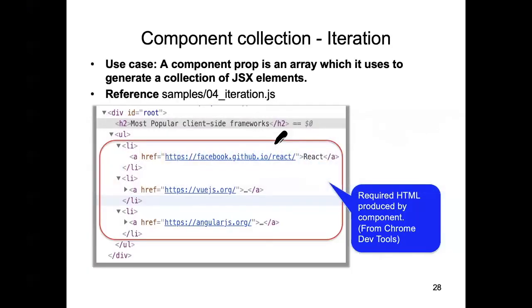So that's rendering a collection of JSX snippets and generating that collection dynamically, usually based on an array prop that's passed through into a component, but it doesn't have to be.